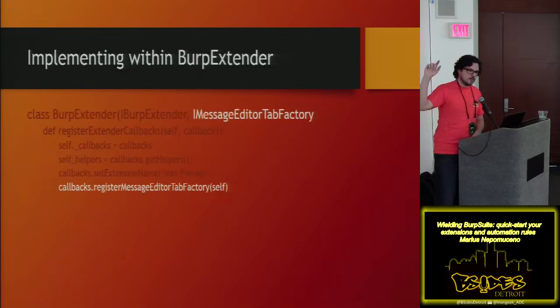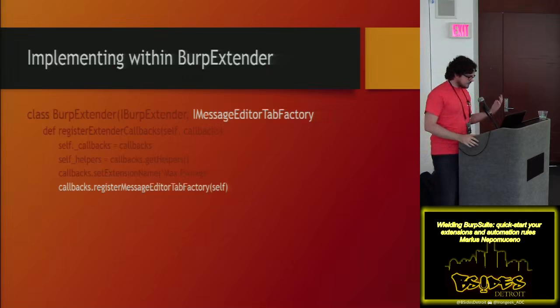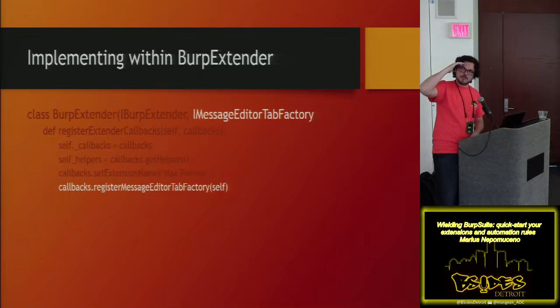That means that right from my class BurpExtender, I can implement IMessageEditorTabFactory right in there, within my parentheses. Since I am implementing IMessageEditorTabFactory, I have to register it within my extension. So I do callbacks.register and I just pass it self.